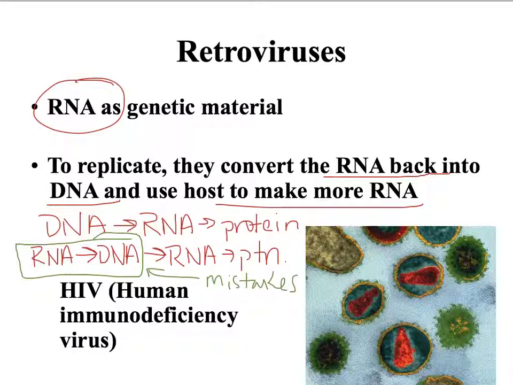And that is why diseases like HIV, diseases like the common cold, these diseases we cannot vaccinate against, because in that conversion from the RNA to the DNA, mistakes get made and the virus mutates. And so it mutates faster than we can keep up with the vaccines.